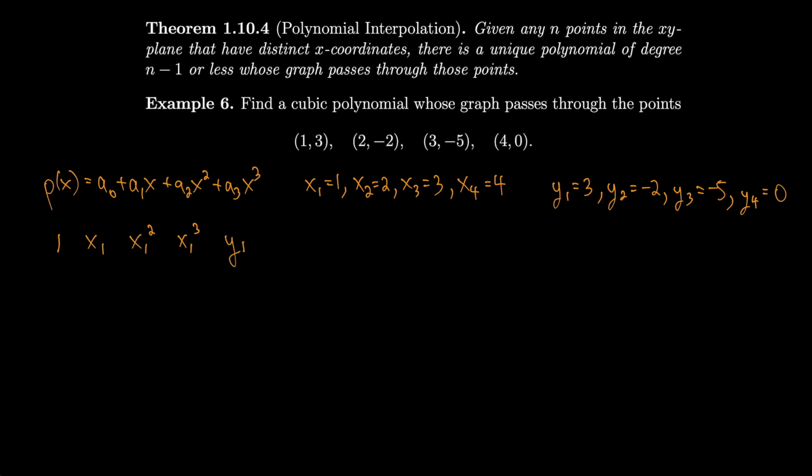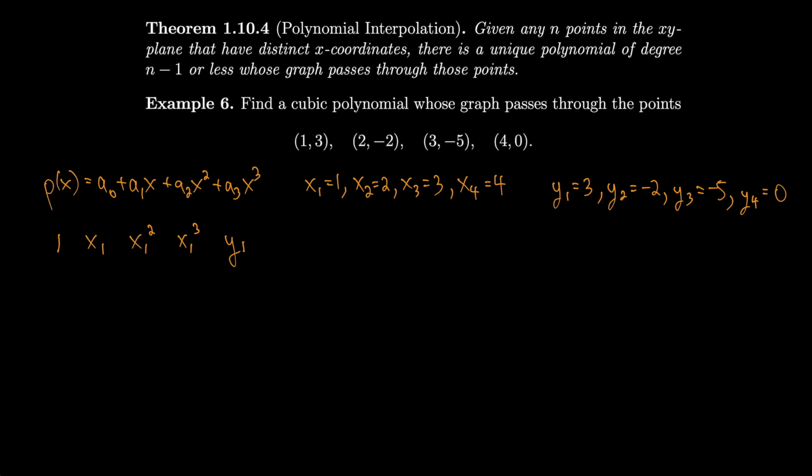If I were to plug in my first point, x1 and y1, into my polynomial, this might seem a little strange, because usually we write the matrix having the coefficients of our equation, and you would think, okay, that's a0, a1, a2, a3, but in this case, that's what we want to solve for. Those are unknown values. The coefficients are 1, x, x squared, x cubed, and it equals y.